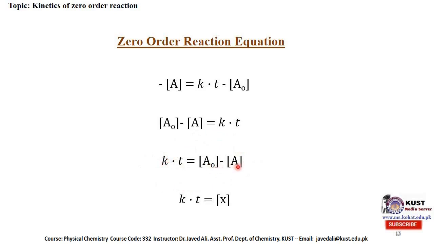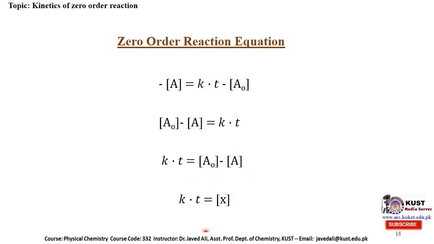Because we know A naught minus A is equal to x, x represents the concentration of product. A naught represents the initial concentration of reactant, A represents the concentration of reactant at any t. So A naught minus A represents the concentration of product. So Kt is equal to x. These two are very important equations for zero order kinetics.